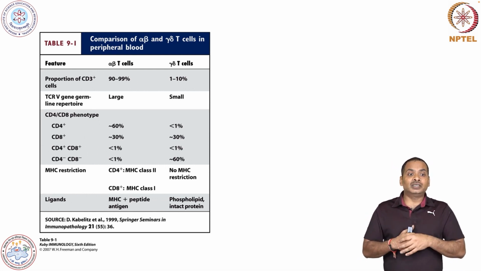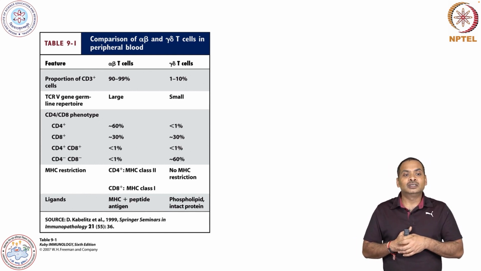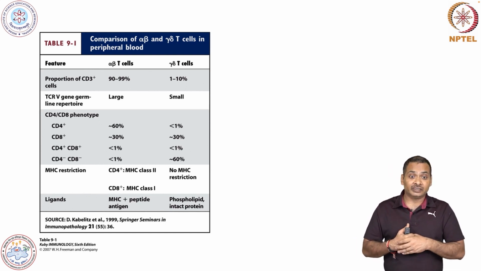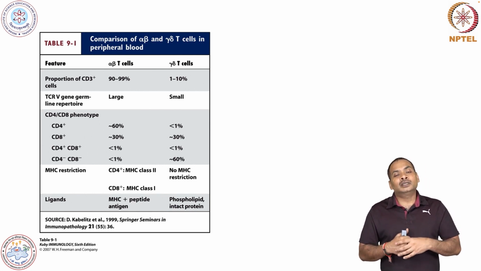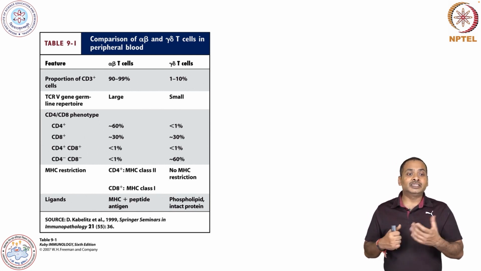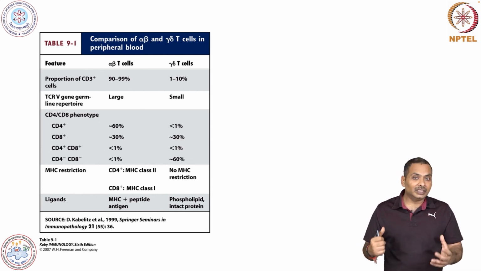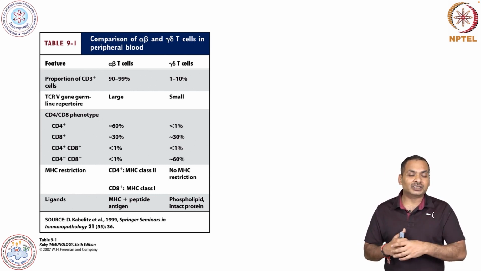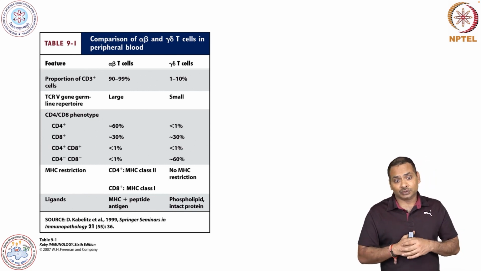In the case of gamma delta T cells, most of them are double negative. Here you can see 60%, and some of them are CD8 positive, okay. So gamma delta T cells are mainly double negative, but a small fraction have a CD8 molecule, okay.